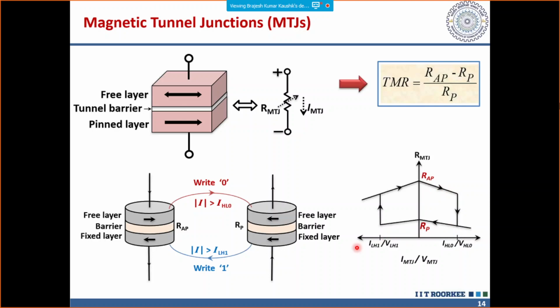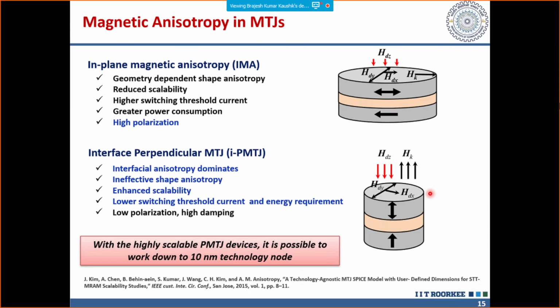And if the current in this direction is greater than I_LH1, you'll be able to change the state from RP to RAP. So you can very well play with these devices, change their states, and store those memories for a very long time. That is what is important about these MTJs.